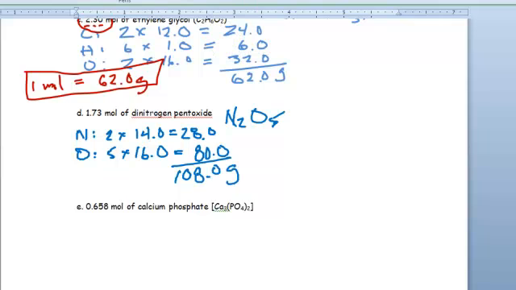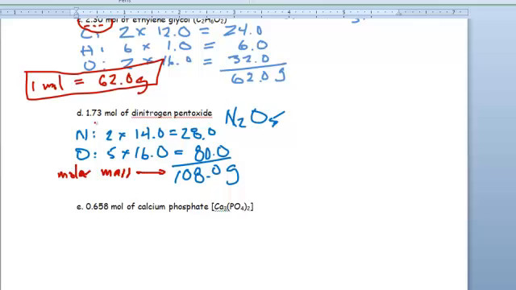So that, my friends, is the molar mass of dinitrogen pentoxide. If we have 108 grams of this compound, you can be assured that we have 1 mole.